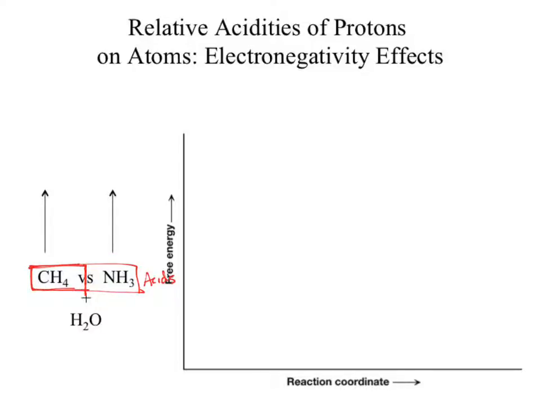So first step would be to do what? Deprotonate the carbon, which means I should end up with what? CH3 minus. I got rid of a positively charged hydrogen. And what else?